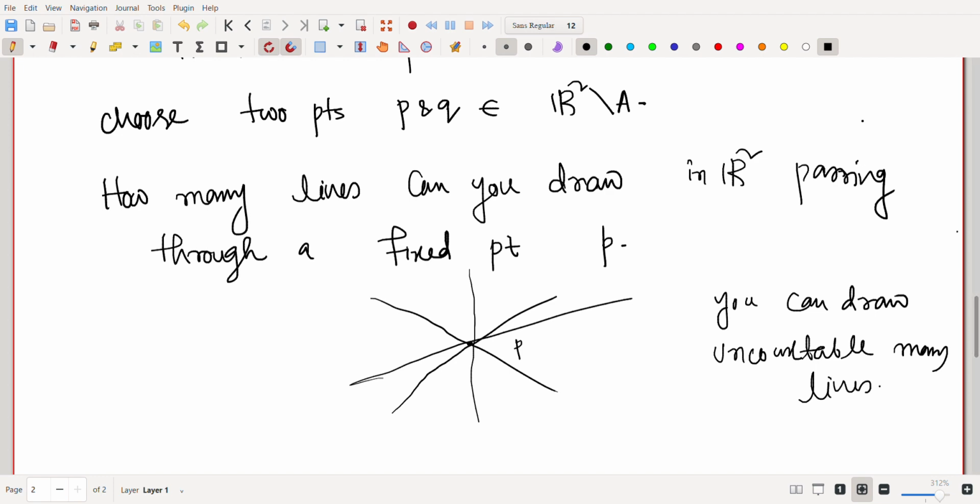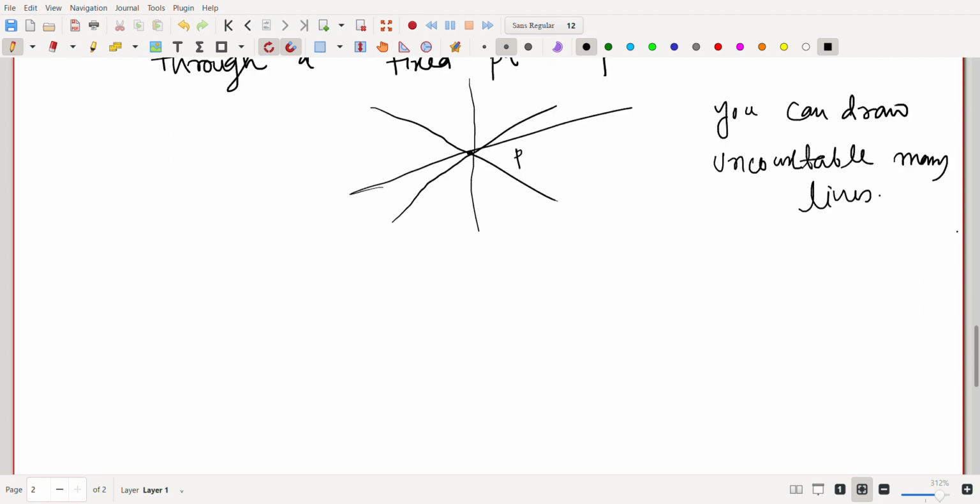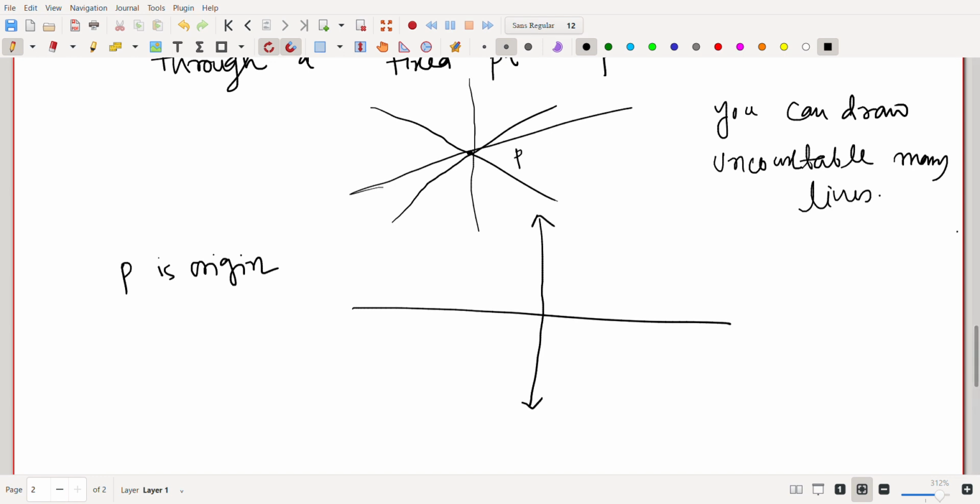How? Without loss of generality, assume that P is the origin. In R2, say this is the x-axis, this is the y-axis, and this is the point P. Any line passing through the origin is given by y equal to mx, and you can take m to be any real number.